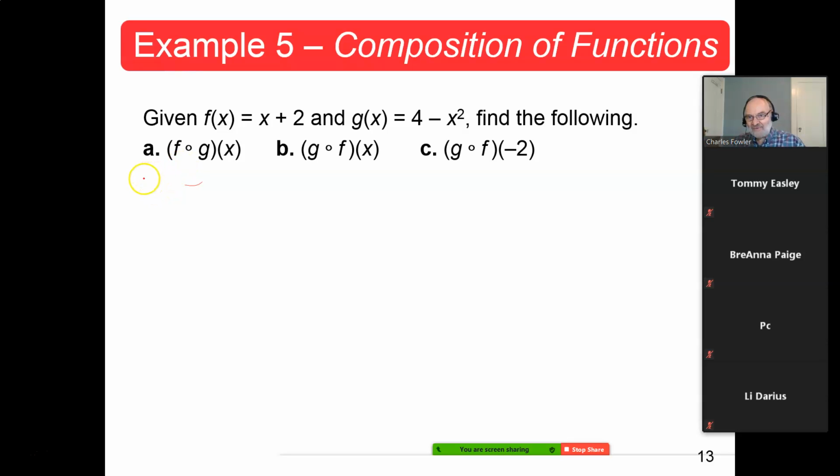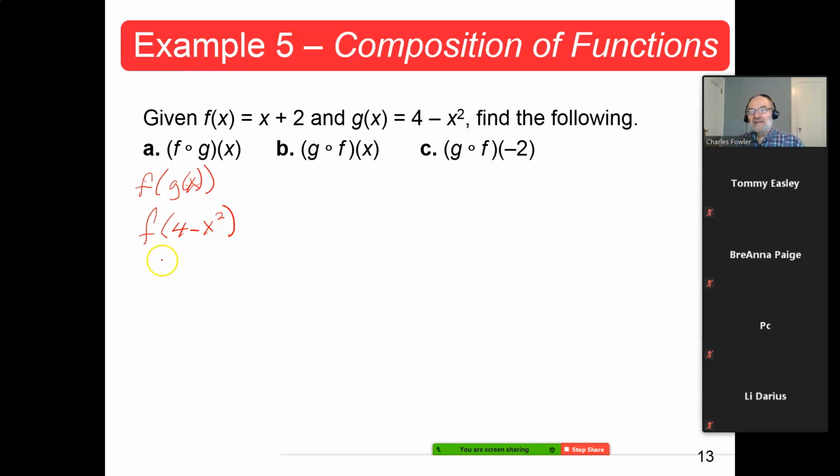Well, by the definition, that was, and that's why I said it this way, F of G of X, close parentheses. Okay, always, oh, and close that parentheses too. Close them both. Now, always start with the innermost function first. Just write down the F of, and what was your G? 4 minus X squared.